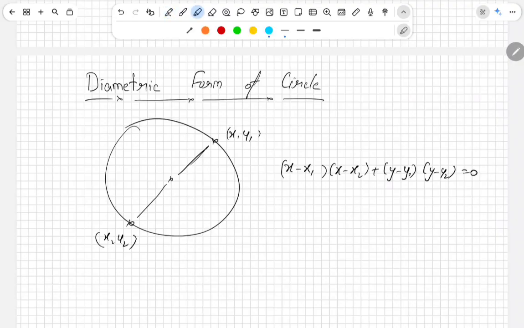This is my diametric form of a circle in which a diameter's endpoints are given. Please remember, you cannot take any two random points and apply this formula. These have to be endpoints of the same diameter. I hope I have made myself very clear.